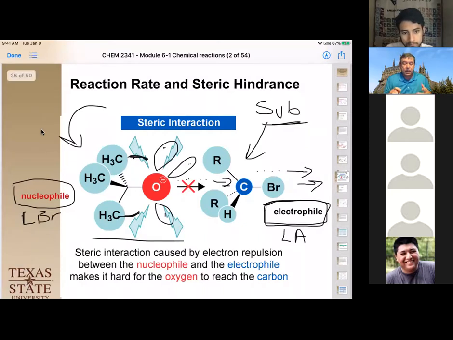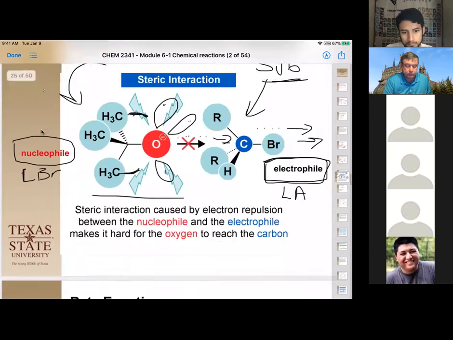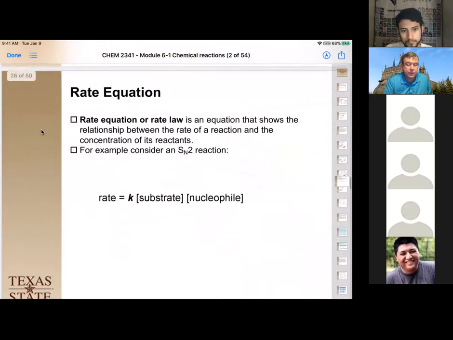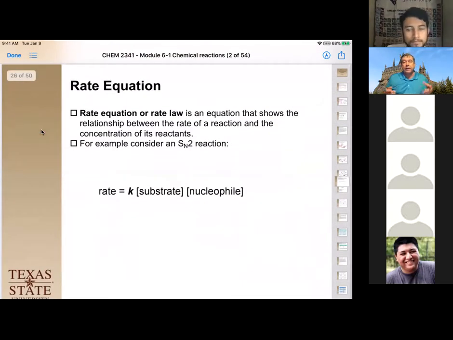Okay, so let's talk a little bit more about that. Okay, and so if our rate is controlled by energy and heat and concentration and sterics, we can actually develop a mathematical equation that lets us figure out how these things are interrelated. And so we call this the rate equation, or sometimes it's called the rate law.